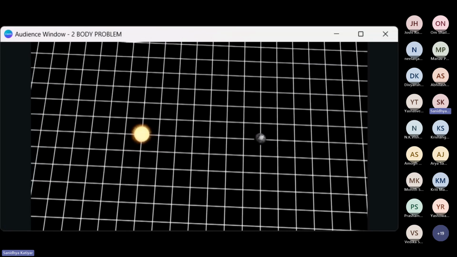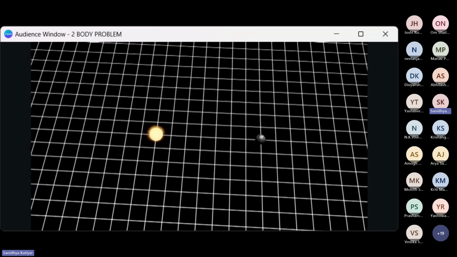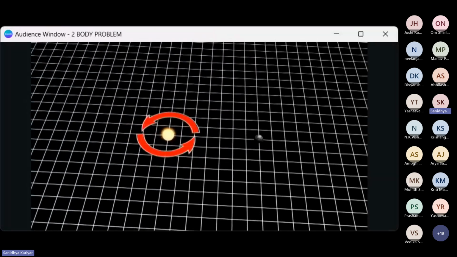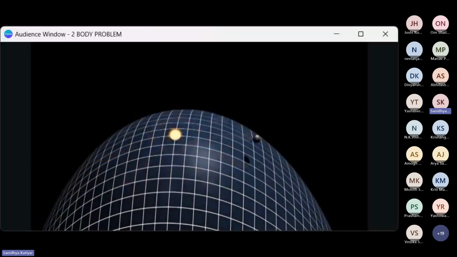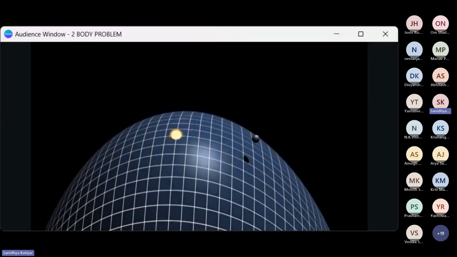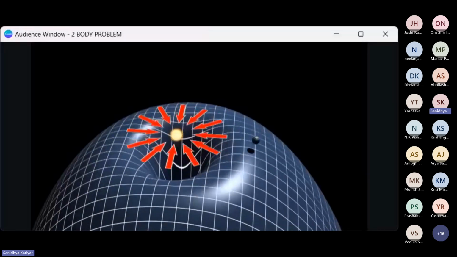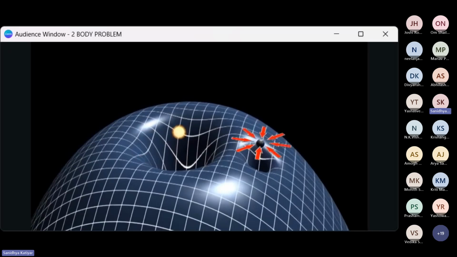Now, let's look at all the forces that are at work here. To account for the fact that this coordinate system is rotating, we have to add in a centrifugal force that pushes out away from the sun. Then we add in the gravitational force of the sun and the gravitational force of the Earth.